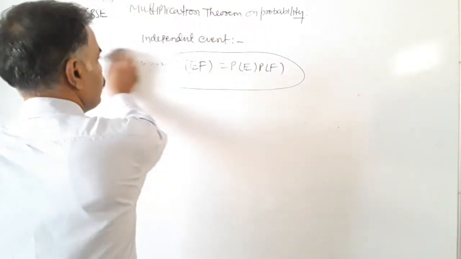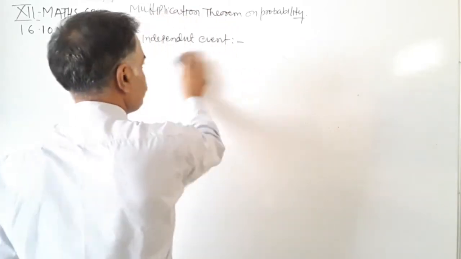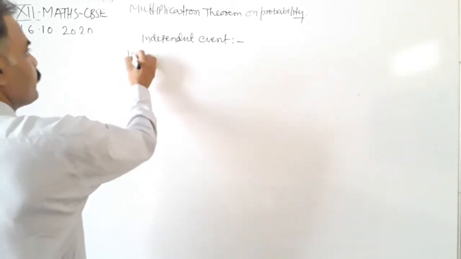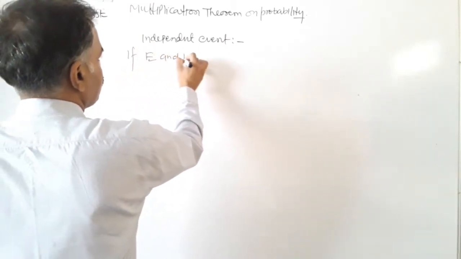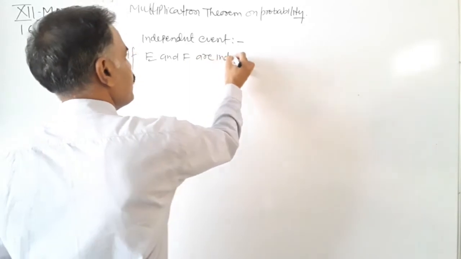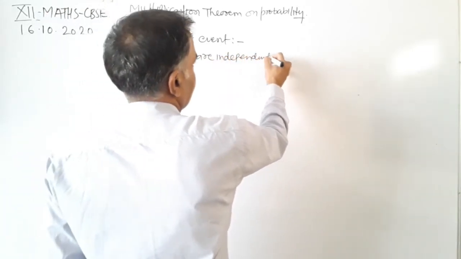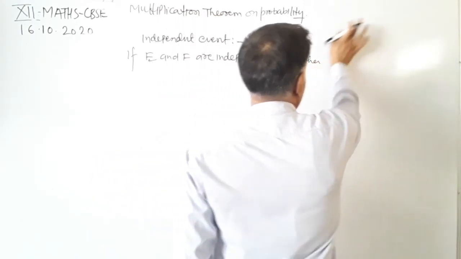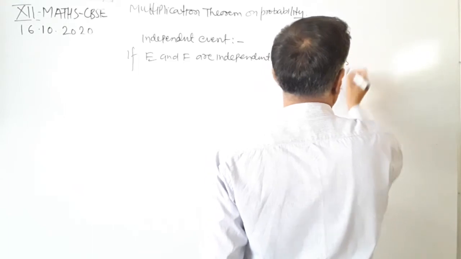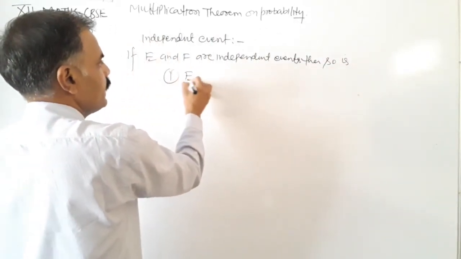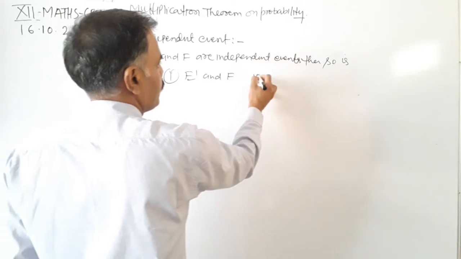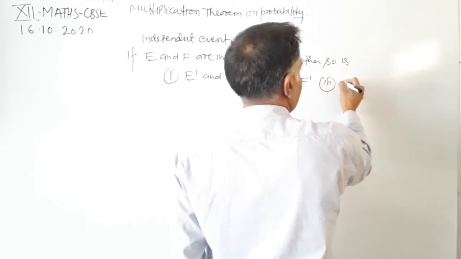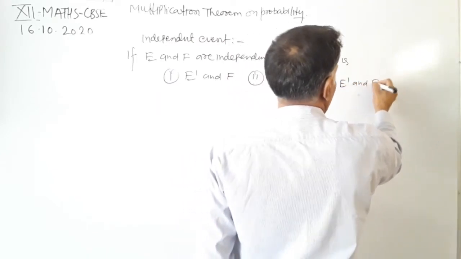Now we have the property of independent events. If E and F are independent events, then show that first, E dash and F; second, E and F dash; third, E dash and F dash.